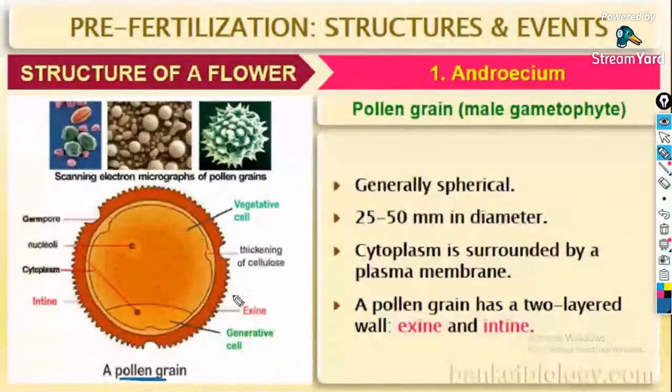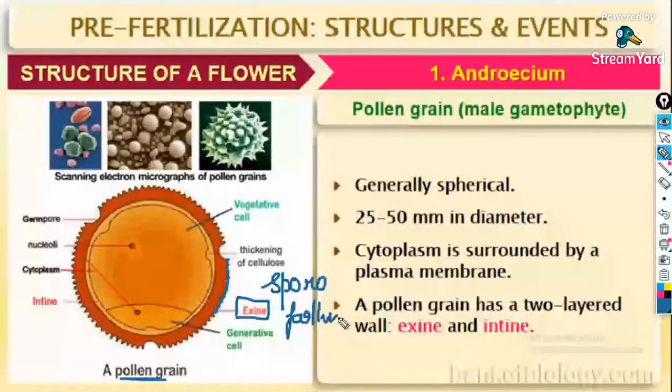Okay, so it has two main layers. The outer layer, guys, this is the outer layer. You will call it the exine, and very important, the exine is made up of a hard and non-destructible material known as sporopollenin, and the inner structure is called the intine.